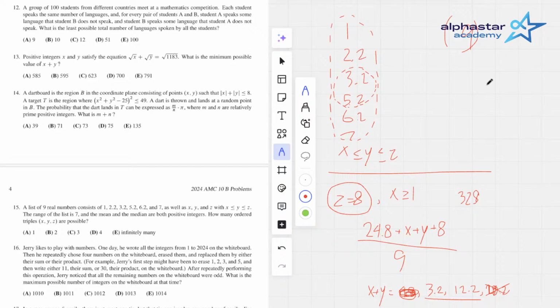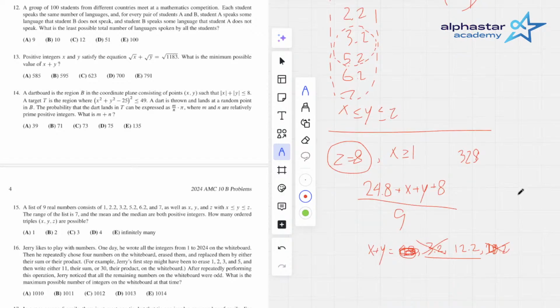If I make the numbers really big, the biggest it can possibly be, 1, 2, 3, 4, 5, the median would be 3.2 in that case, which is not good. So this is not possible.